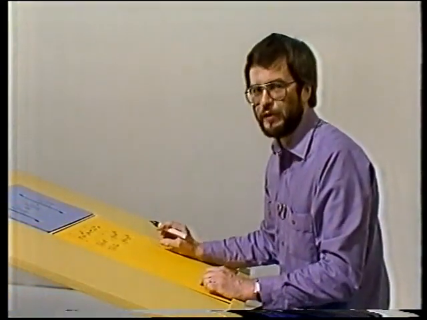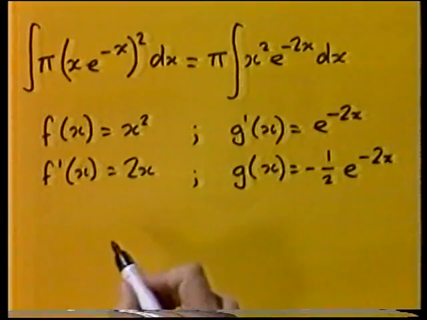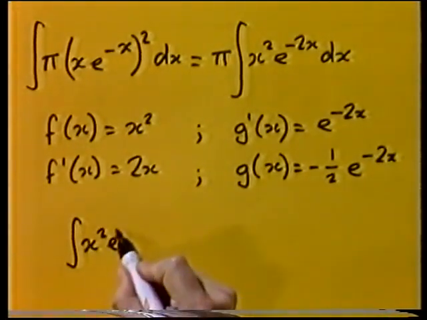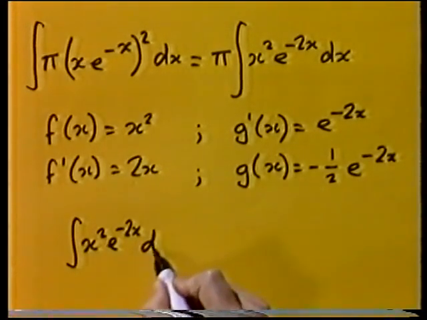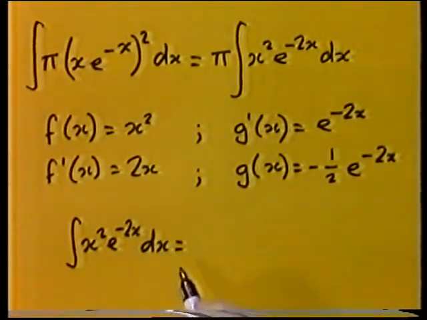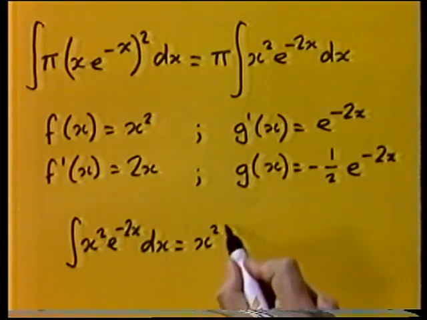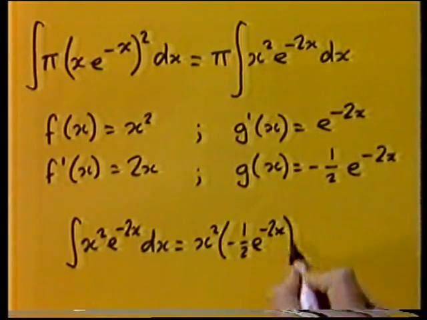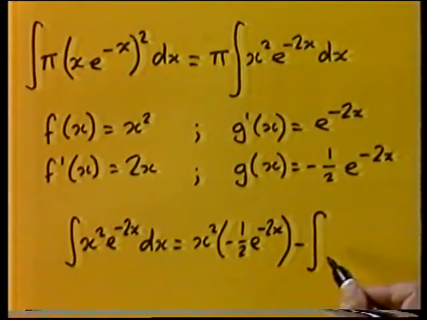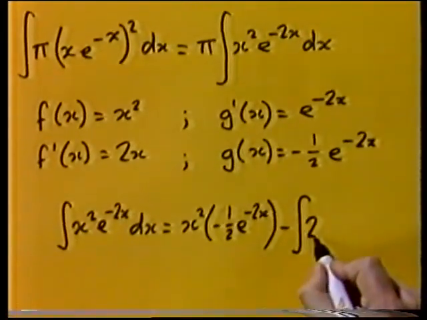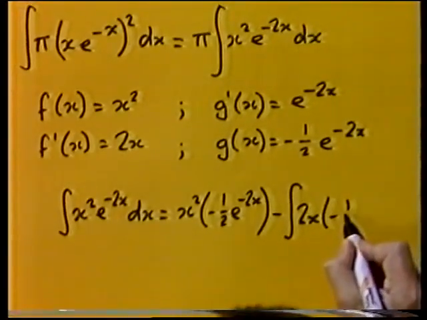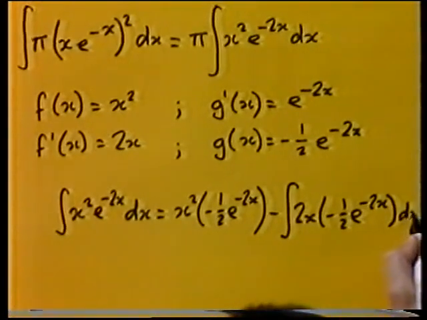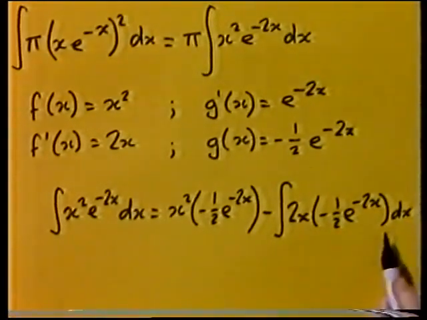So now we can apply the method. The integral of f g prime is f times g minus the integral f prime times g. This simplifies a bit.